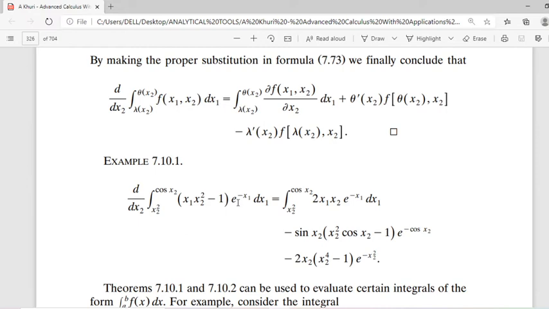This type of formulas we have to understand in detail, because in our research or in our higher studies we may have to face this type of problems, or sometimes we can see these types of problems in some competitive examinations. So we have to understand the techniques involved in solving this type of problems. Okay, so that is required.